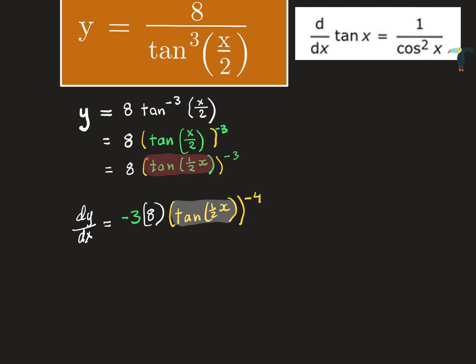This tan is going to be differentiated according to that law over here, where it becomes 1 over cos squared x. So we differentiated what's outside the brackets. We differentiated the tan x inside, but we also now must differentiate the half x. So what we're going to do is now multiply that by a half.